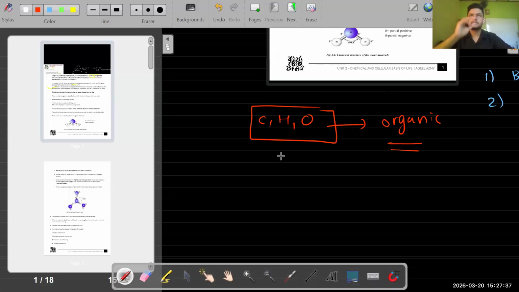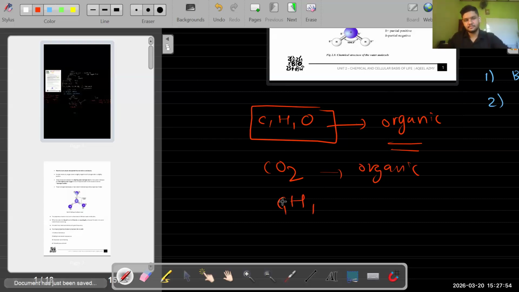They have a misconception that any compound that contains carbon is organic. If that were the case, carbon dioxide would be organic. The main requirement is that it should contain carbon or hydrogen. Most of the molecules contain oxygen also, but the main requirement is carbon or hydrogen.